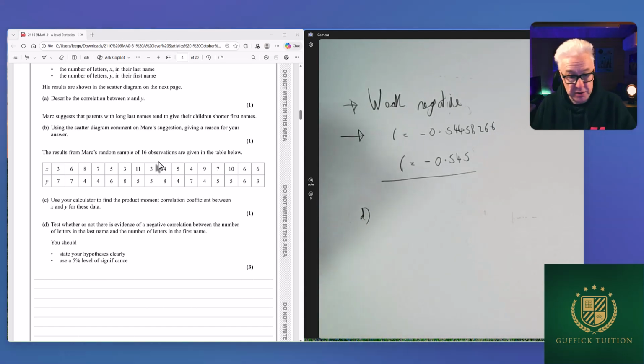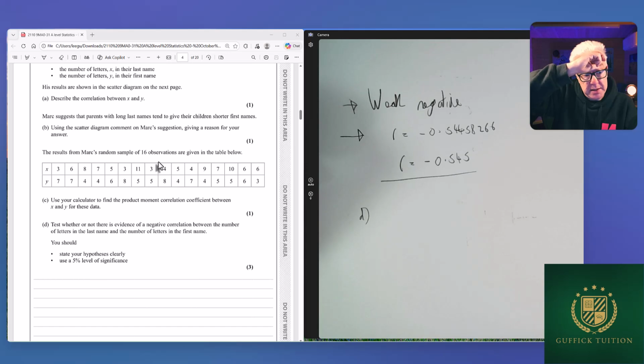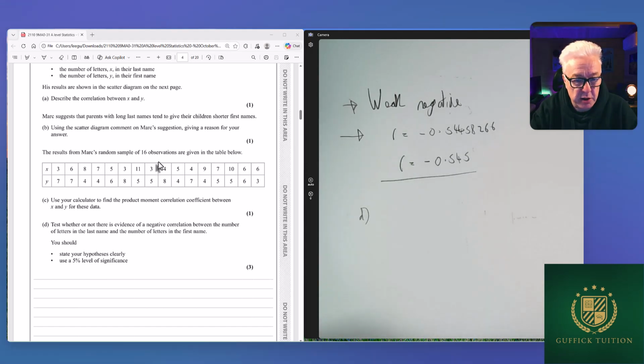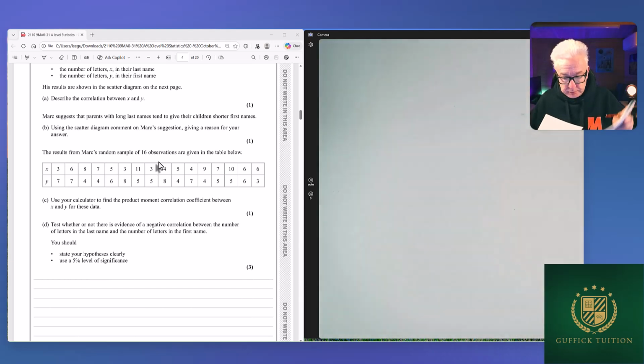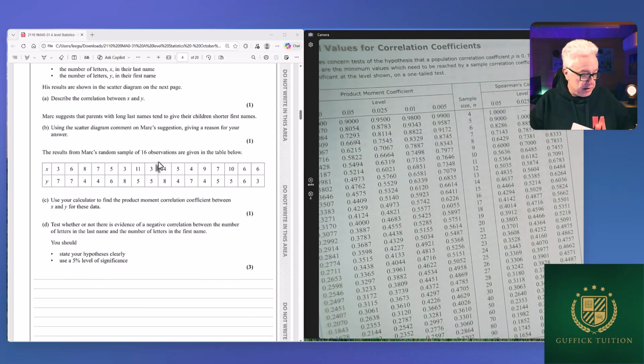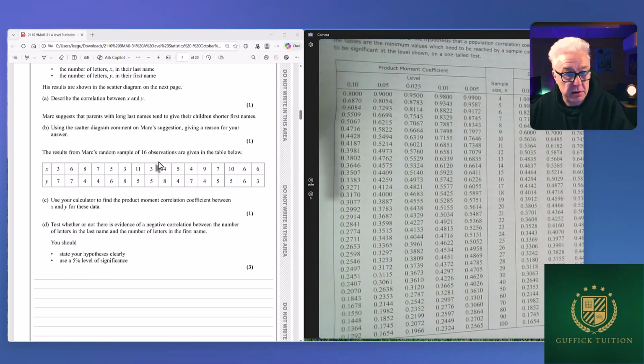This is the bit where we've got to do our test. Now, it says test whether or not there is evidence of a negative correlation between the number of letters in the last name and the number of letters in the first name. So this does vary from board to board about how you should do this. But for Edexcel, what we need to do is use the table to find our critical value. Okay.